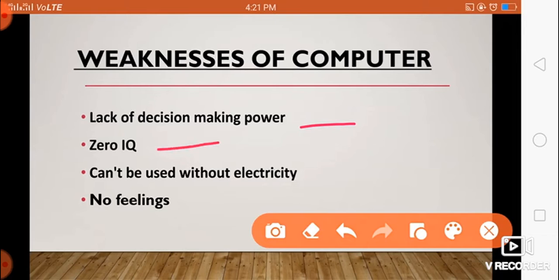Suppose you want your work very fast, and your system is working slow, there should be some problem, like either it is getting discharged, or there is no electricity, or your system is hanging again and again.